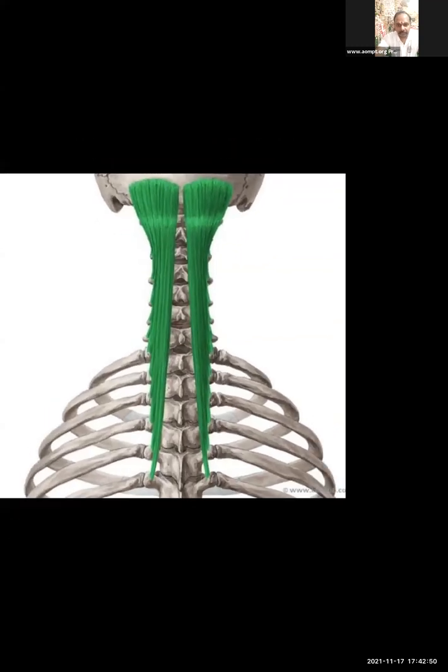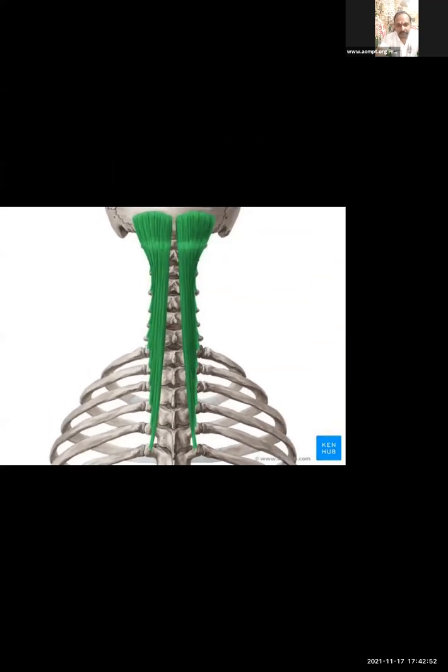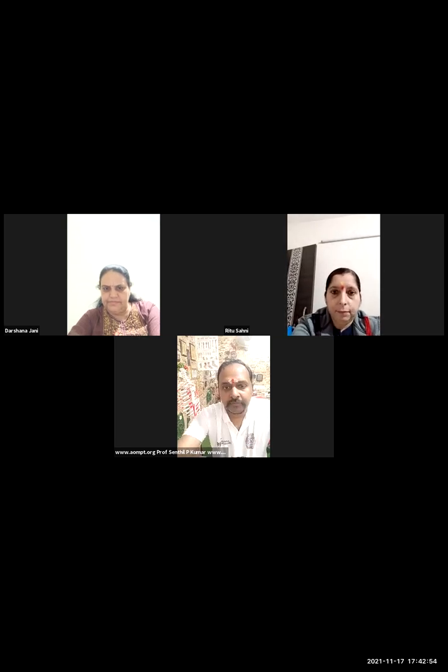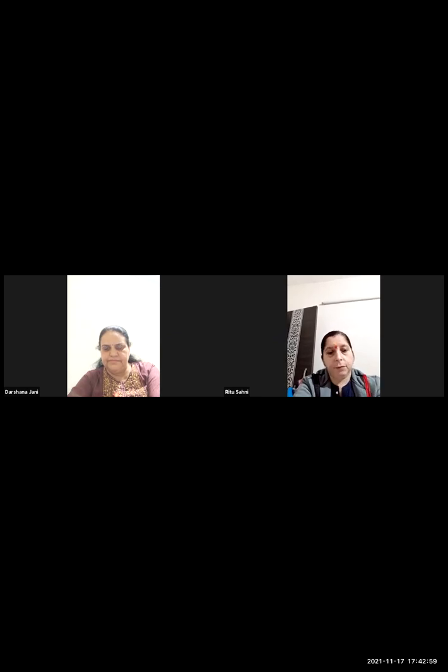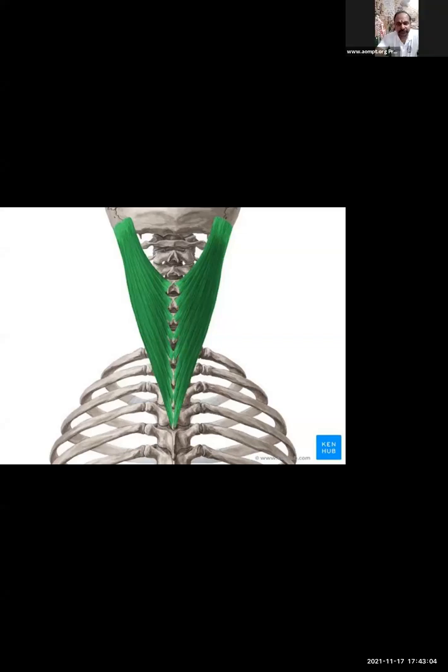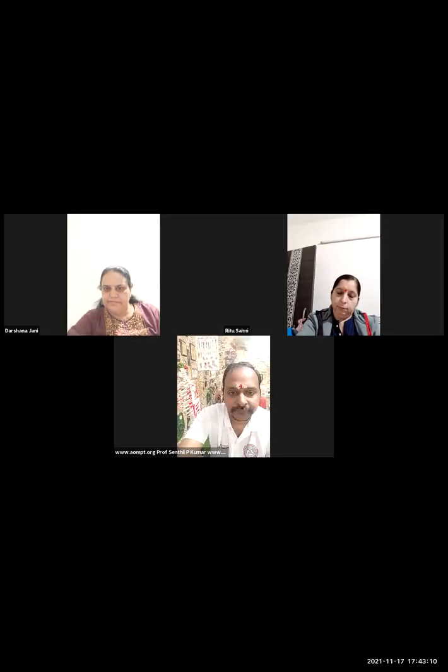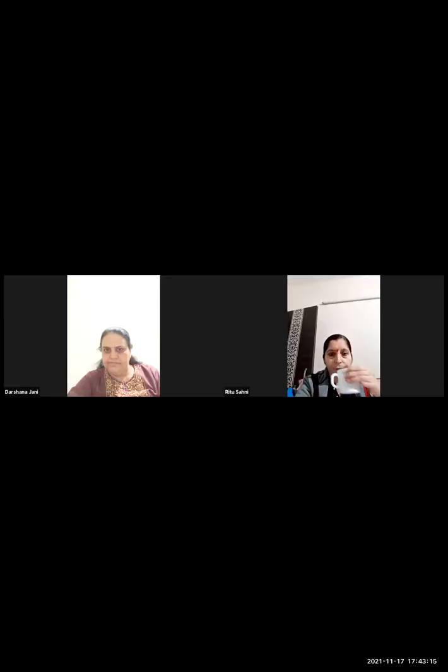Again, next is splenius capitis, which is mainly from the cervical and thoracic region and goes diagonally. Next is the suboccipital muscles.